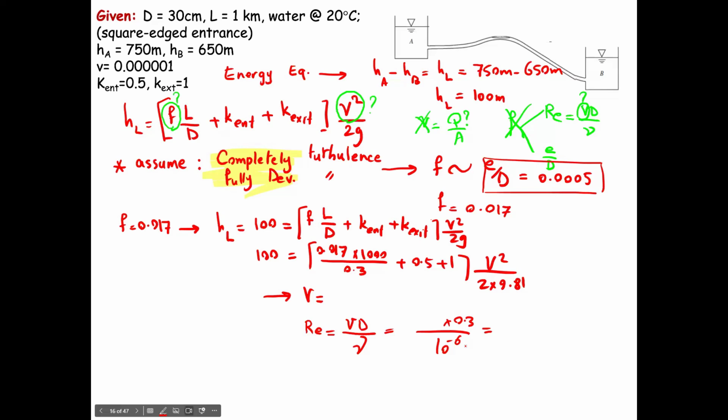Velocity. 5.81 meters per second. Correct. And if you find Reynolds, you will find something close to that probably. Check. Reynolds, relative roughness.